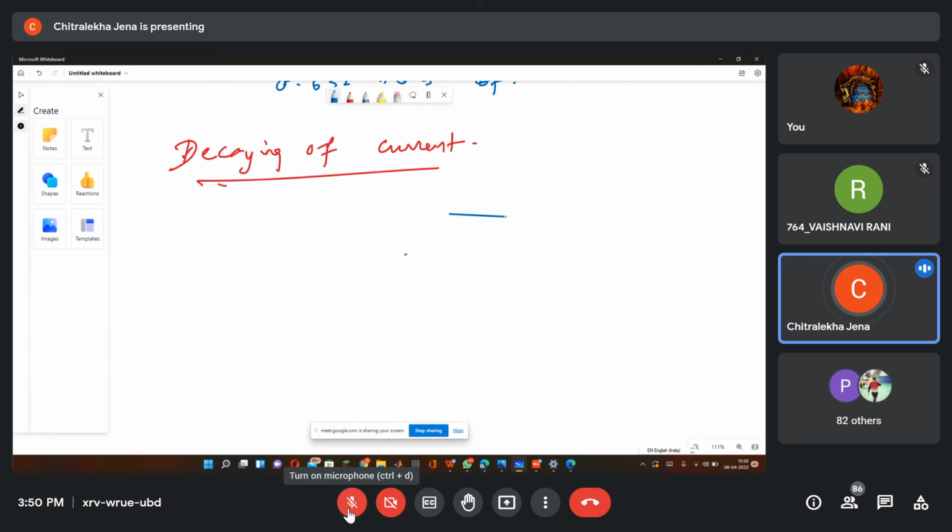This is your R. This one is L. Now this is position 1. This is position 2.